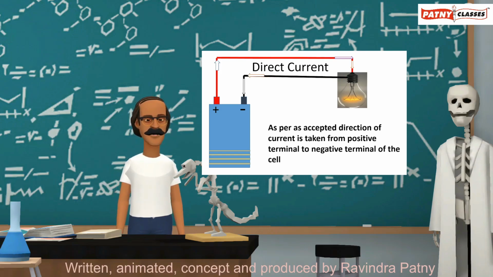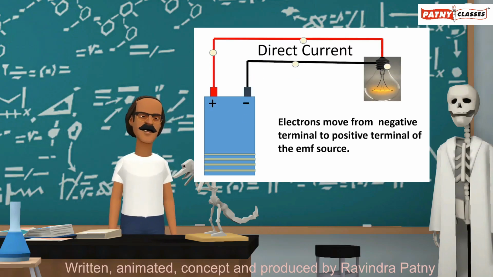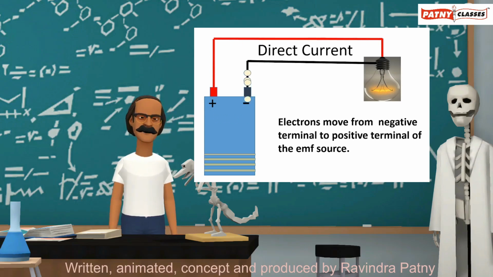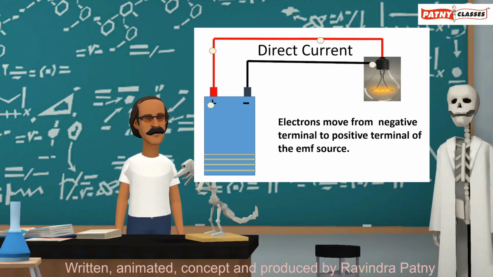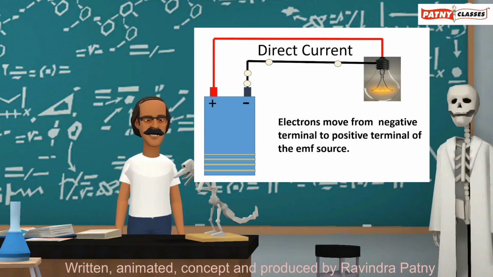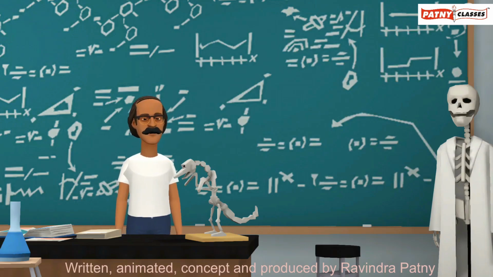This is the function of the cell: to provide electric potential and to make the electrons flow from one end of the cell to the other externally, through wires, a metallic strip, a bar, anything through which electrons travel, that is a conductor. We can connect a conductor from the higher potential side to the lower potential side and electrons can easily flow. So that is the function of a cell.